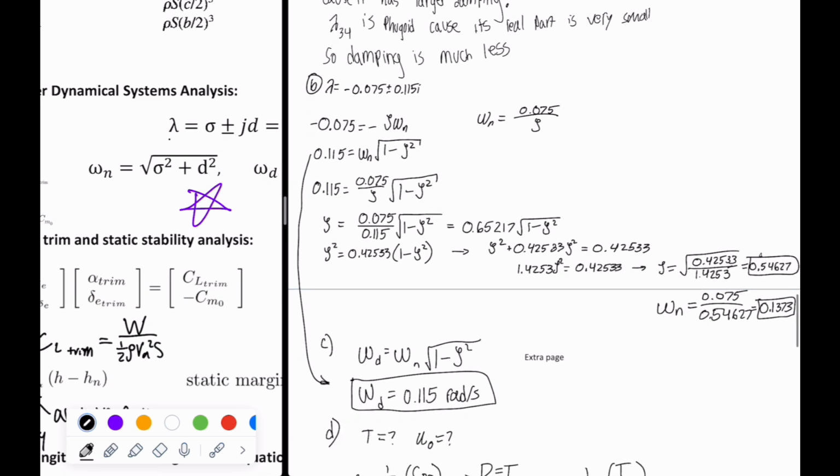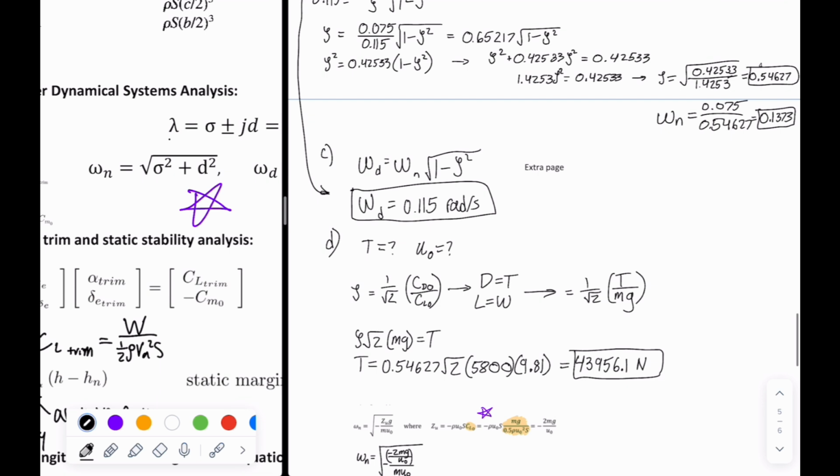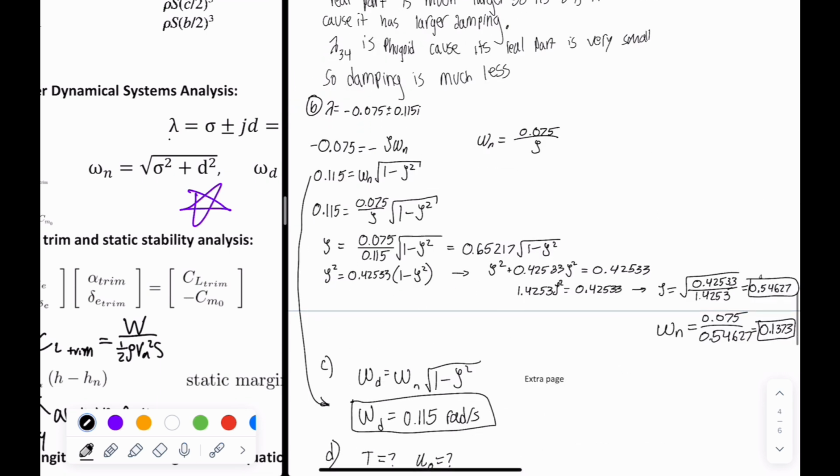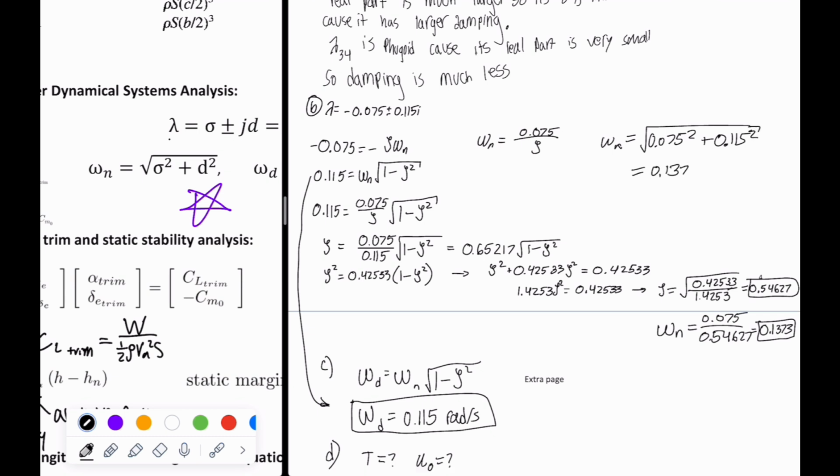algebra and skip all this room for error by literally just doing Wn equals the square root of the real part, 0.075 squared, plus the square of the imaginary part, and that gives us 0.1373, which is exactly what I got before by doing the system of equations.